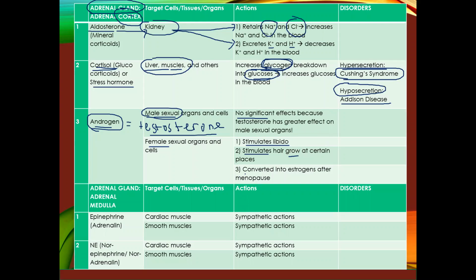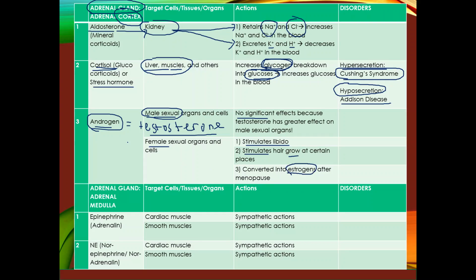And when the female stops production of estrogens, at menopause, these androgens can still be used and converted into estrogen.